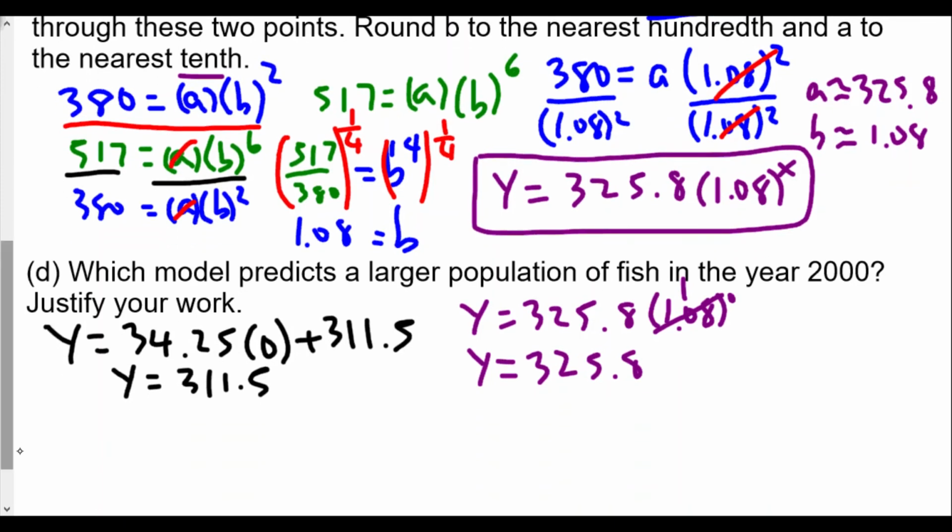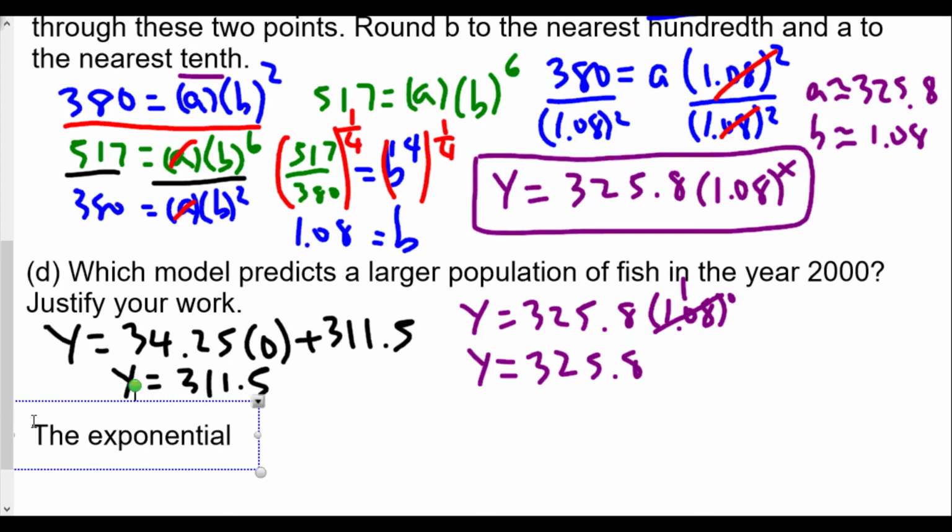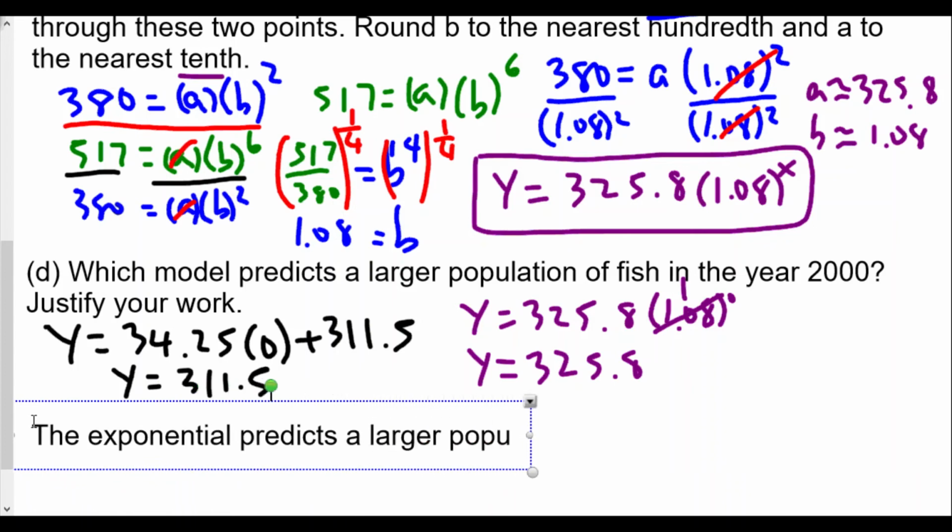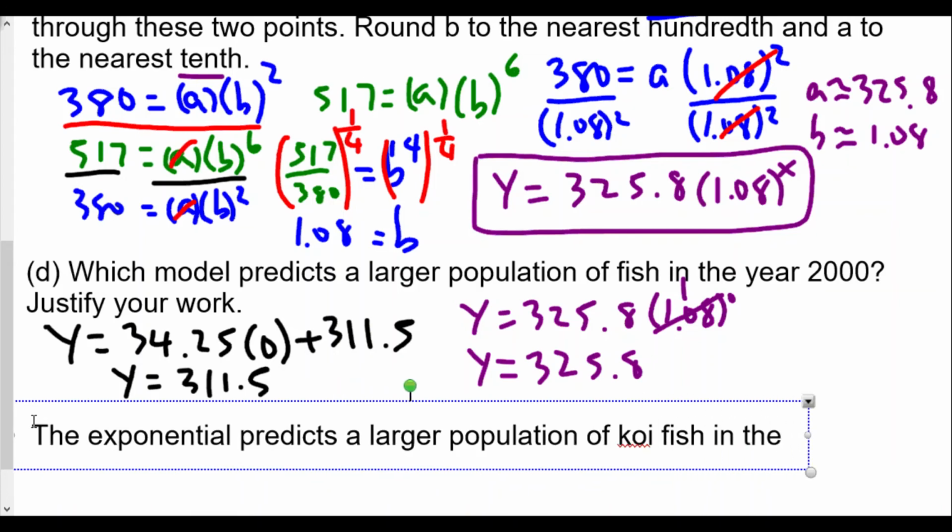Now, which model predicts a larger population of fish in the year 2000? We notice that the exponential model predicts a larger population of koi fish in the year 2000, because in this case 325.8 is greater than 311.5.